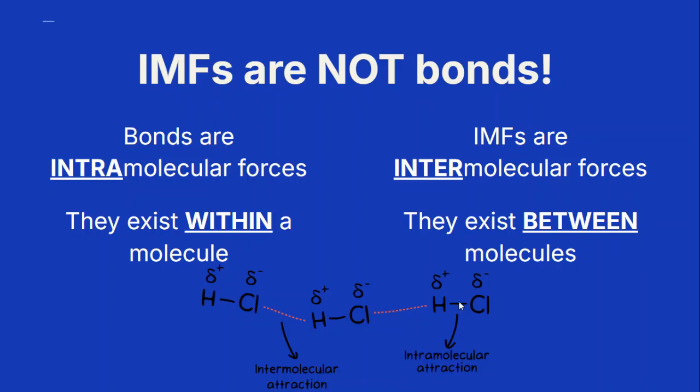IMFs are intermolecular forces because they exist between molecules. So it holds these hydrochloric acid molecules together. It is not an actual bond. Okay? So ionic bonds, covalent bonds, metallic bonds, those are not IMFs.